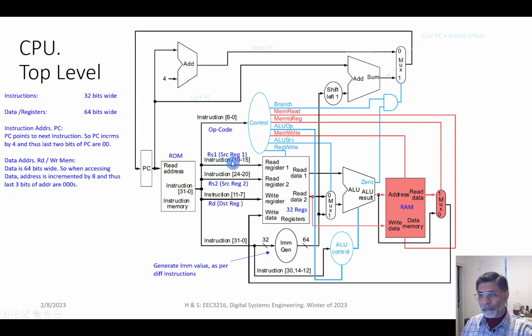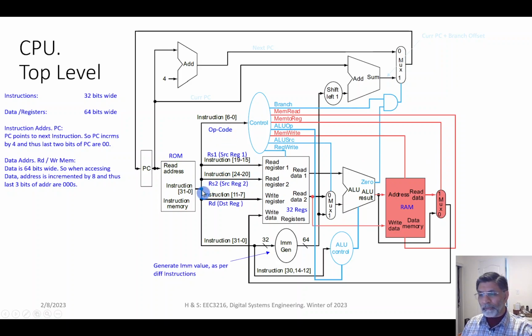Some of them point to source register 1, source register 2, the destination register, depending upon the type of instruction, like I mentioned in that green card, which you should have as a good reference with you. And of course, the opcode is also part of the instructions.